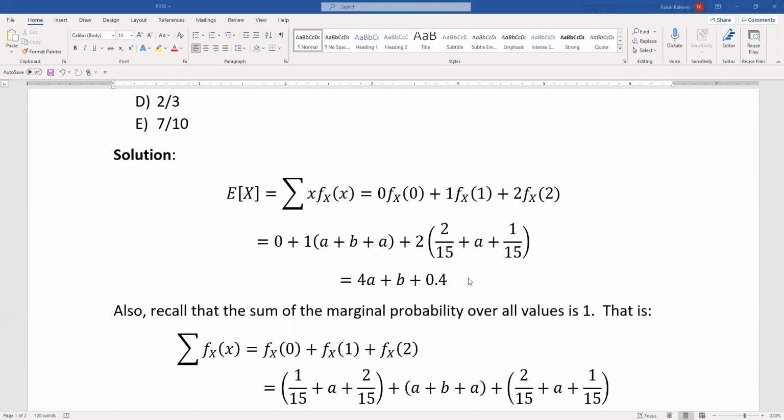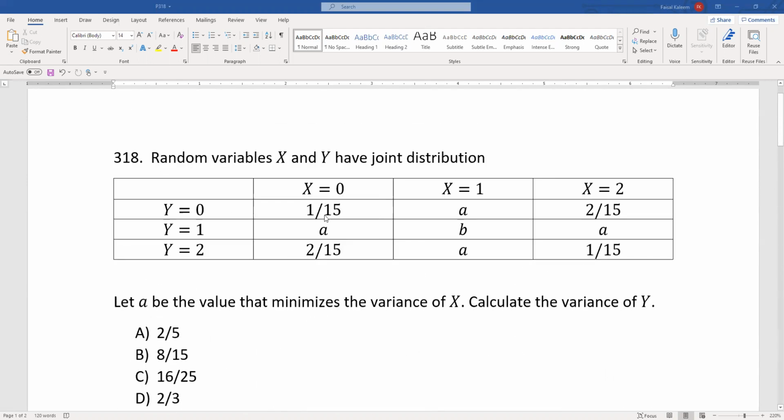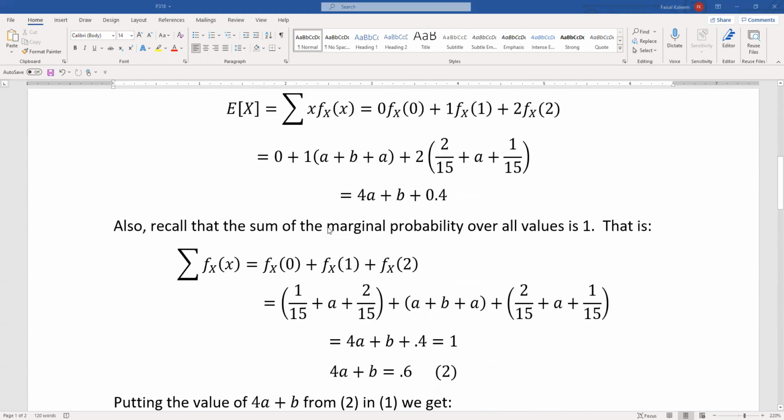Now, the sum of marginal probabilities over all the values is 1, because the marginal probability function also has all the properties of a probability function, that all the values have to sum to 1 in case of a discrete variable. So the summation of fx equals 1, which is fx0 plus fx1 plus fx2. fx0 is the summation of this column, 1 over 15 plus a plus 2 over 15.